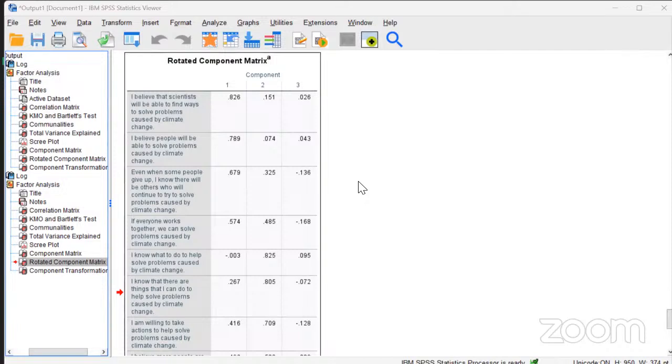Why is this variance not more than 0.75? You read the three items, then you can find out how this item is different from the other two, because here some people will give up, they will not focus on reducing the problem of climate change.